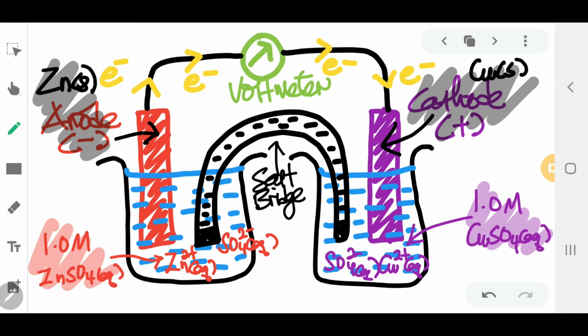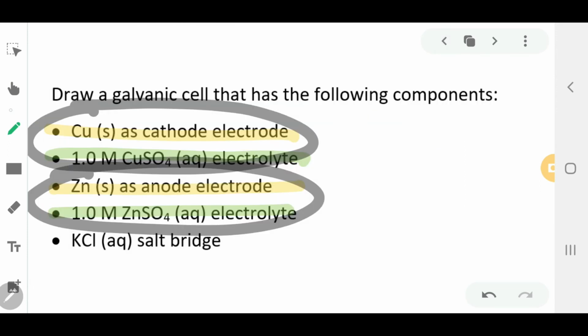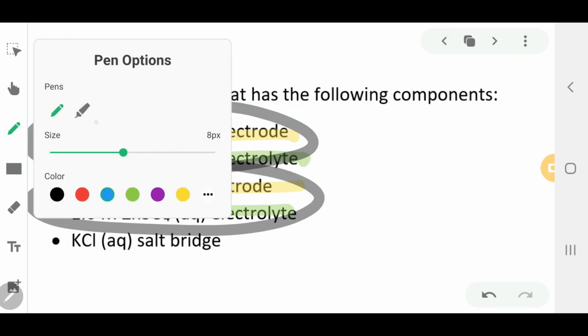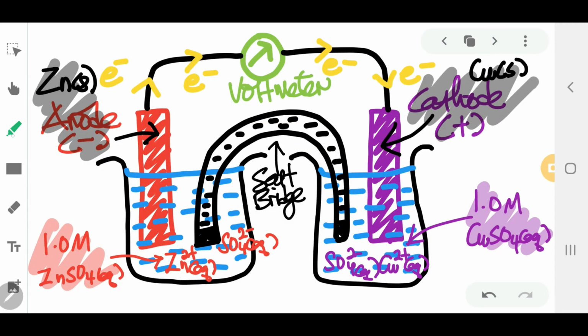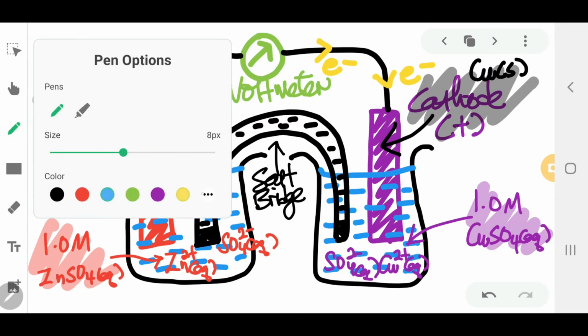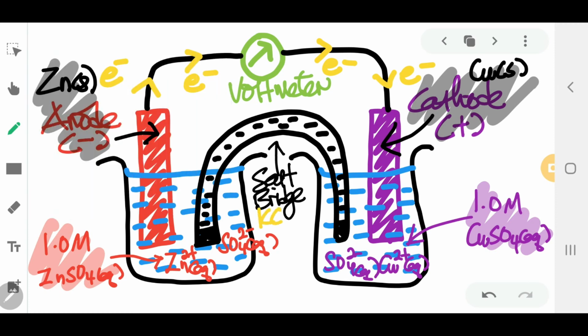So what about the salt bridge? For the salt bridge over here, you also need to label that. You have KCl aqueous as the salt bridge. So if you go back here, we're just going to use yellow. The salt bridge will be KCl aqueous, and label that.